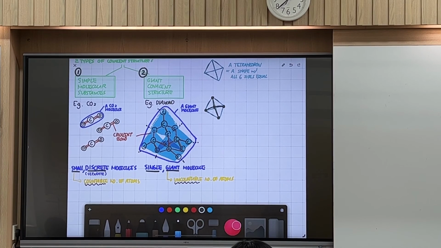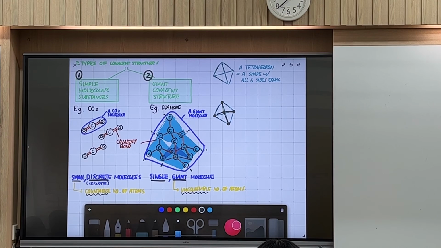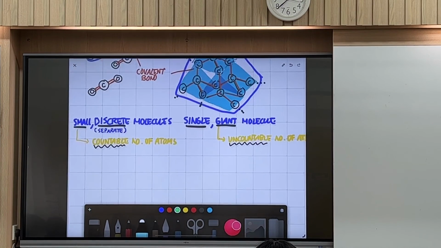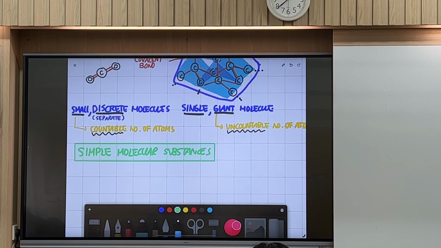So first, we will discuss the simple molecular substances. On this page, we look at some of the properties. There are many molecules that I can think of that are simple molecular substances. So write down simple molecular substances. They may be elements or they may be compounds. Now that you have such a large blank page, you can write notes on this side.